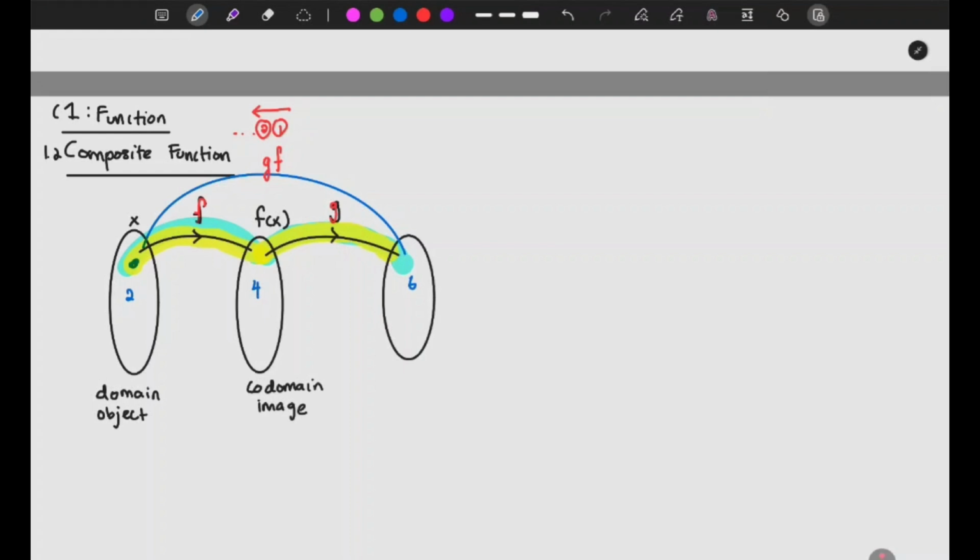So let's just say you go from here to here, you plus 2, isn't it? Wait, 6 doesn't look correct. Okay, we put 6 first lah, maybe. So fx, we settle the fx first.